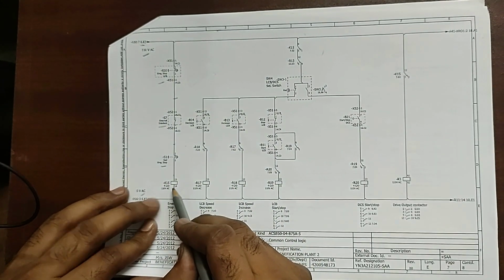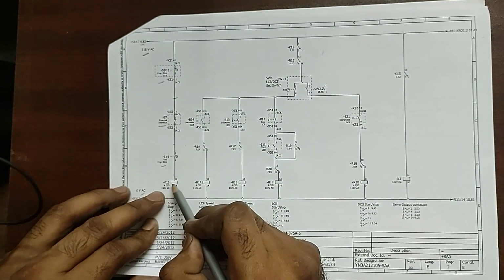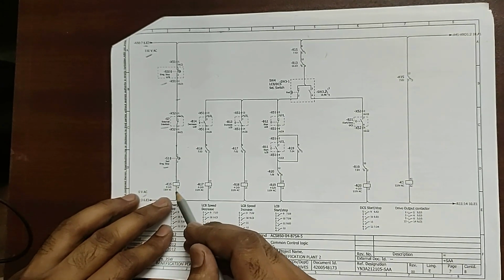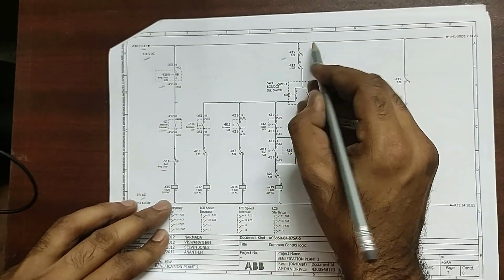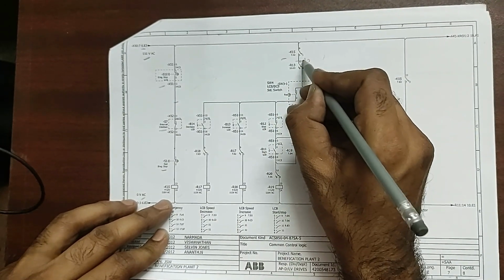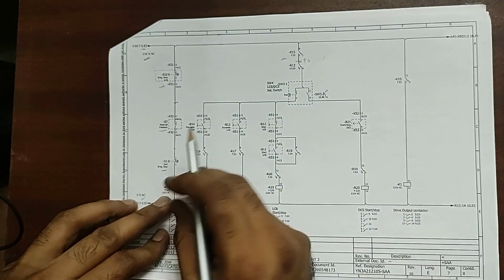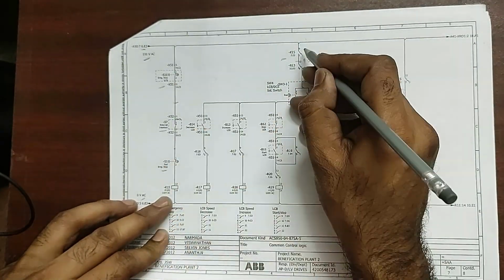So K15 is high, and since K15 is high, see here, the contacts for this auxiliary contactor, NO NC will be there. Once it is high, this K15 will get NC. So 110 volt will come till here. Okay, this is interlink. When it is in off condition, it will remain open. When it gets energized, that will become NC.